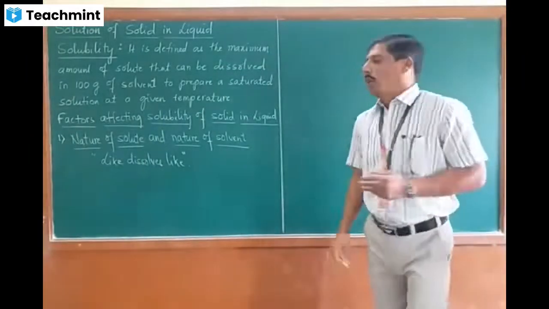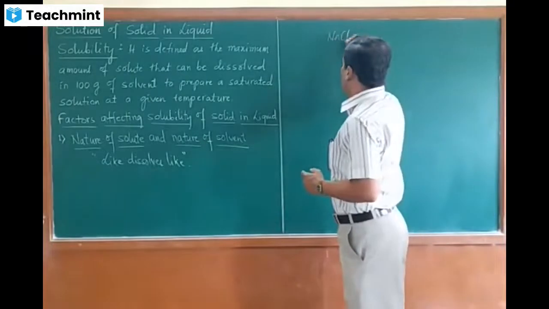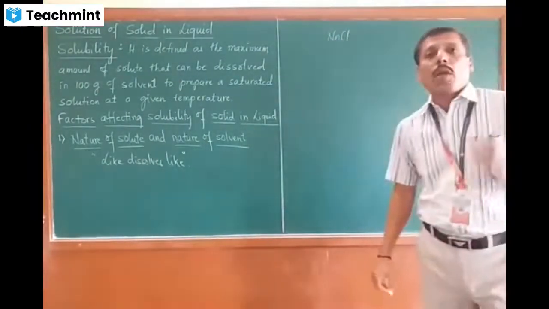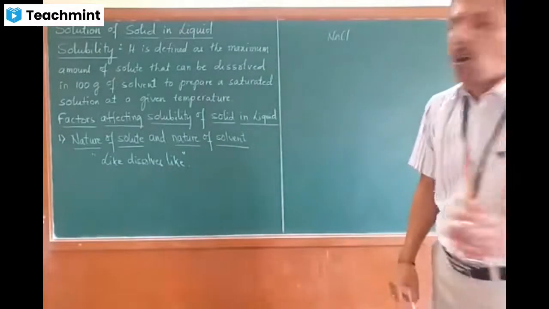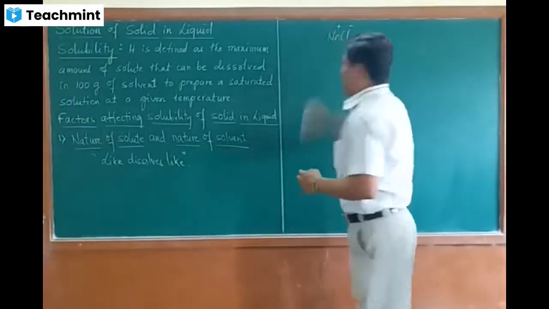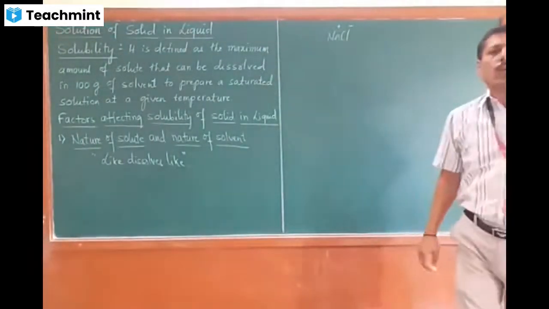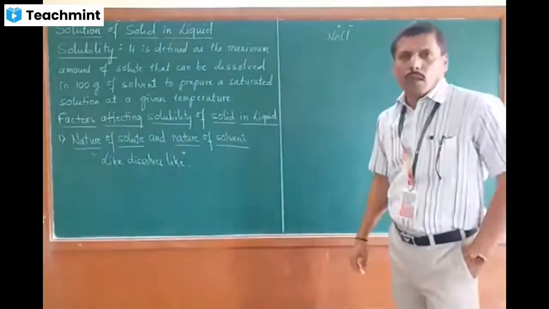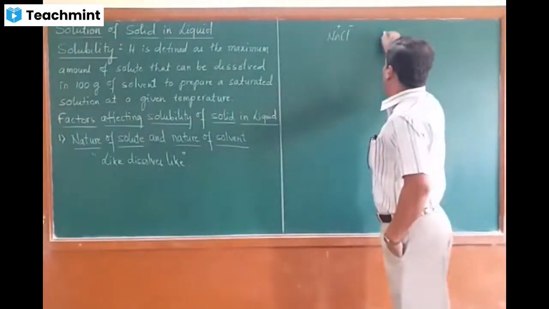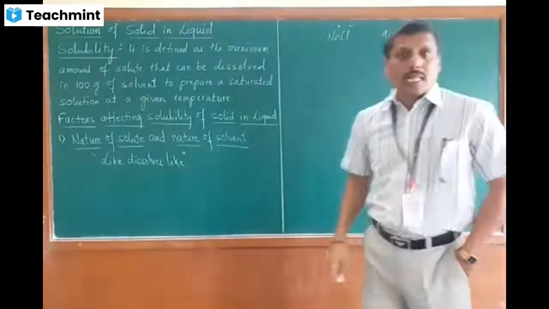Take for example NaCl. What is it? It is a polar compound, an ionic compound. It contains Na plus ion and Cl minus ion. It is a solid solute, a polar solute, soluble in polar solvent. Which is the polar solvent? Water. Why do we say it is a polar solvent?